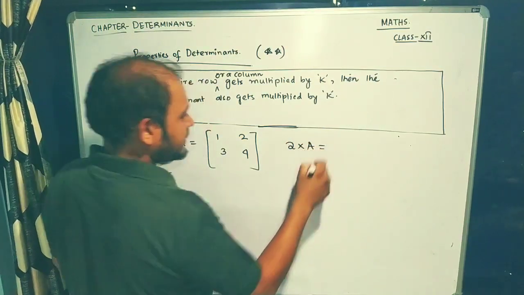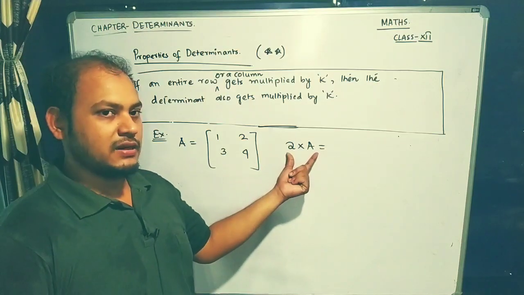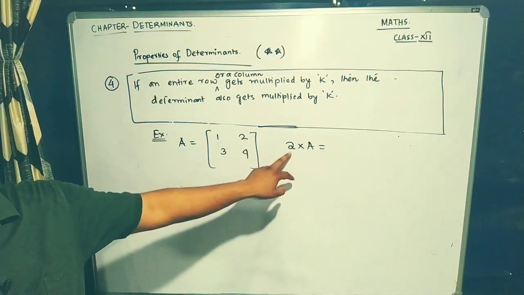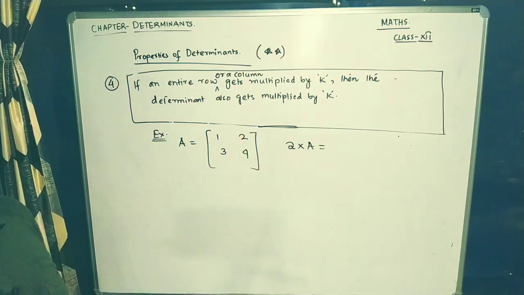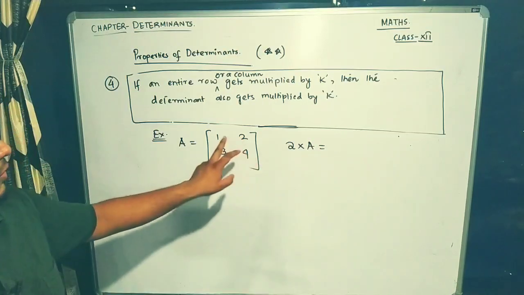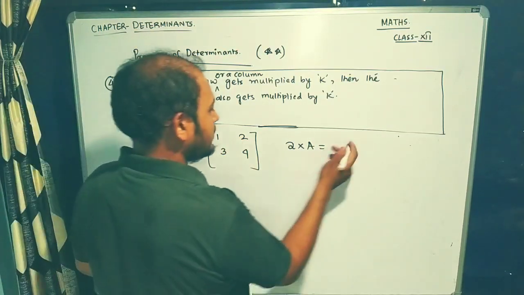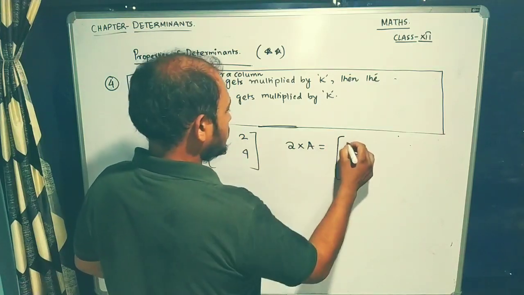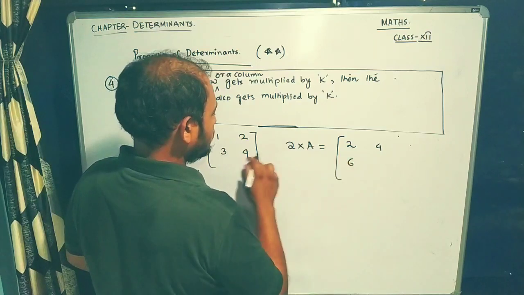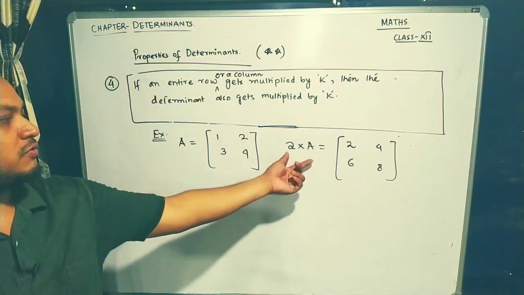You must have studied in matrix multiplication that whenever a matrix gets multiplied by a scalar, all of its elements also get multiplied by the scalar. So 2 times A will be equal to 1 into 2 is 2, 2 into 2 is 4, 2 into 3 is 6, and 2 into 4 is 8. So this is 2 times of this matrix A.